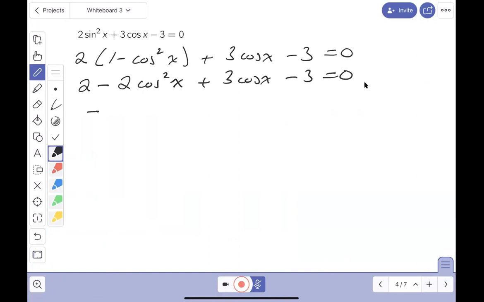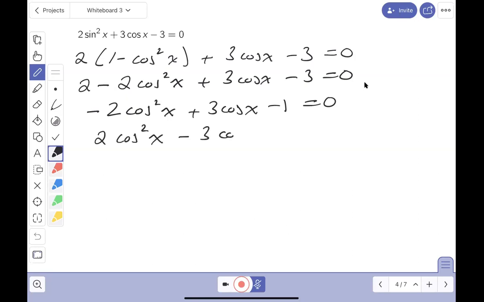I'm going to keep rewriting it. Minus 2 cosine squared x plus 3 cosine x minus 1 equals 0. I'm the kind of person who doesn't like a negative coefficient on the square term, so I can multiply both sides by minus 1. And what do you get? 2 cosine squared x minus 3 cosine x plus 1 equals 0.